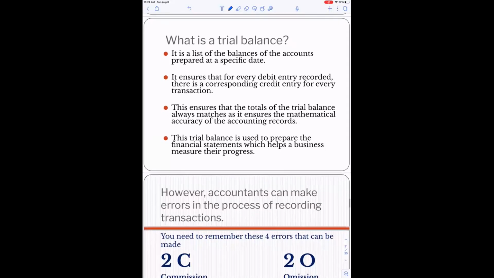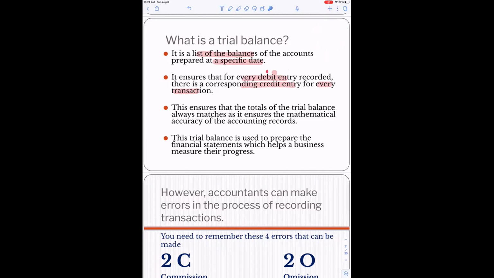Let us recall what is a trial balance. Trial balance is the list of balances of the accounts. It is always prepared at a specific date. My trial balance would ensure that every debit entry has a corresponding credit entry. If every debit does not have a corresponding credit, then the total of my debit column and the total of my credit column would not agree.